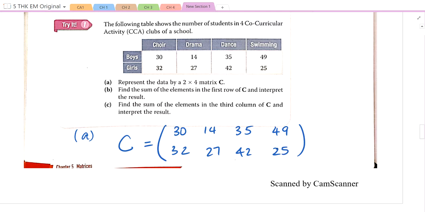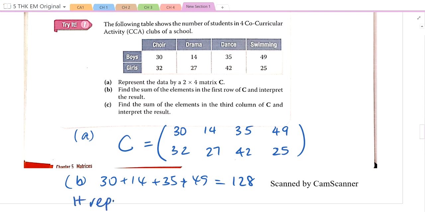Find the sum of elements in the first row and interpret the results. So B, 30 plus 14 plus 35 plus 49. How much is that? 128. Okay. So what does this 128 represent? Come on, what's the answer?